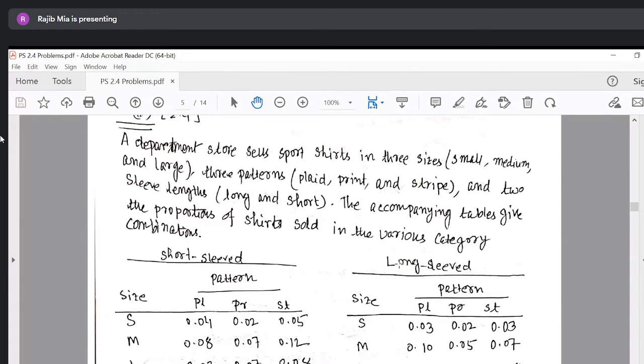So any shirt can be identified by these three categories: the size, pattern, and the sleeve length.